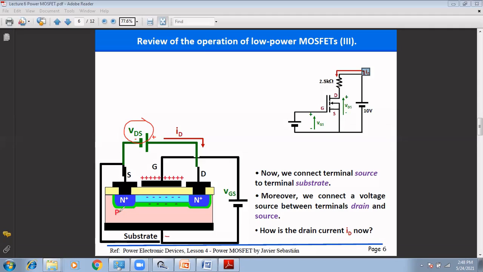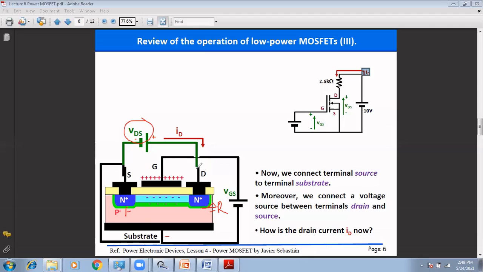So P is connected to N, and this N is connected to positive, so this junction becomes reverse biased. And at the source terminal, this is negative and this is a negative voltage, so it becomes forward biased. Because of this forward bias and reverse bias, the current cannot flow between the source and the drain.